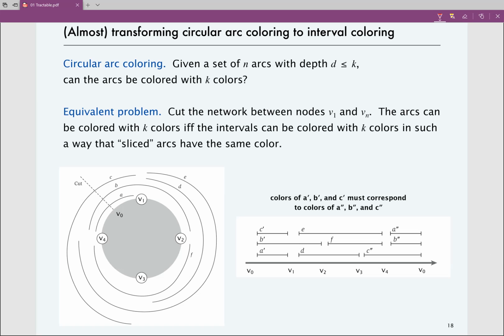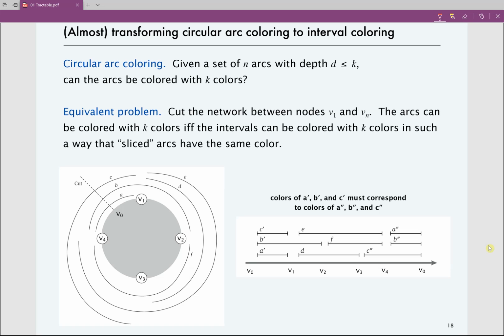Now, we're actually going to create one additional vertex between the first vertex and the last vertex. We're going to call this, let's say, v0, and we're going to cut the cycle at v0. What it means to cut the cycle is that if you have any path which crosses the cut, we're going to split that path into two paths.